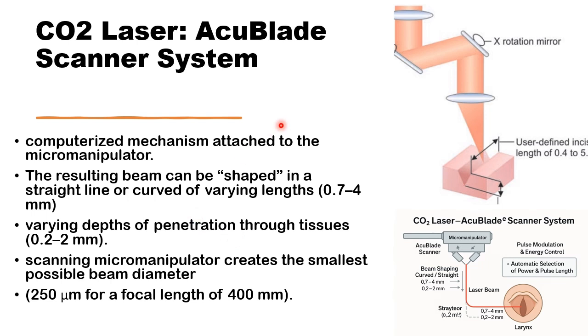The beam can be shaped into a very tiny, smallest possible diameter, in some cases down to about 1/4 of a millimeter. The number one in the AccuBlade scanner system is 250 micrometer, which is 1/4 of a millimeter, and number two is double that, this for a focal length of 400 millimeter, which is the usual in microlaryngosurgery.